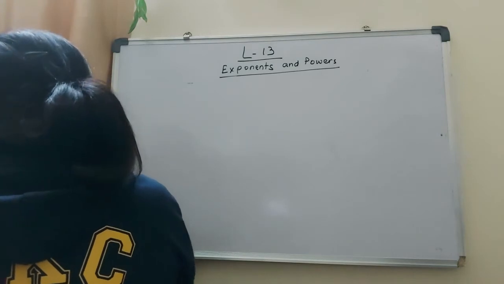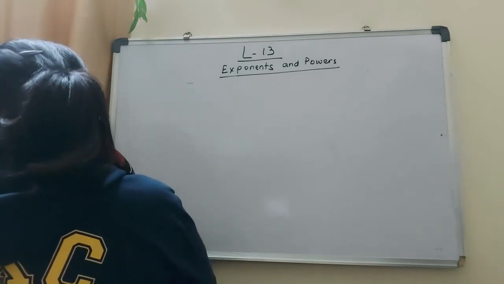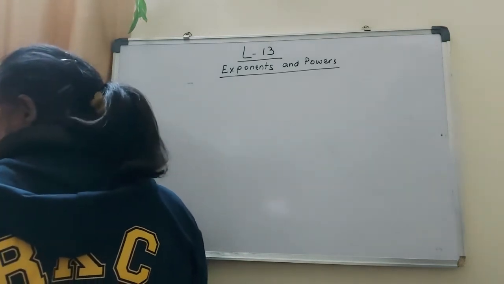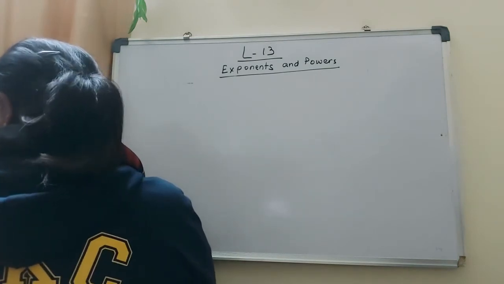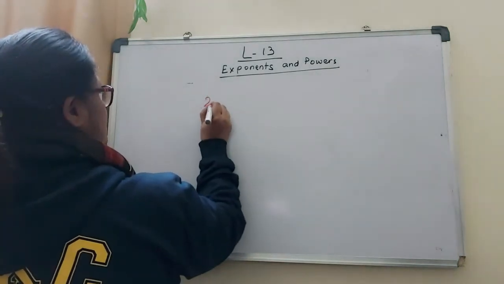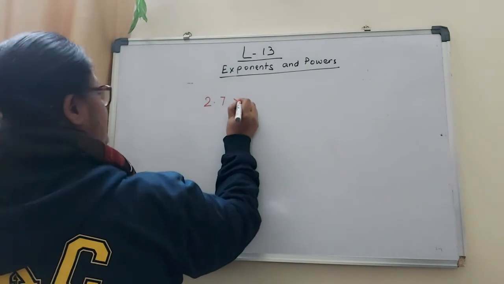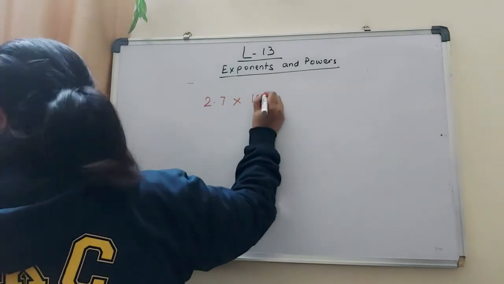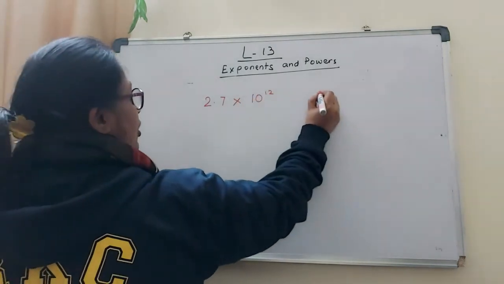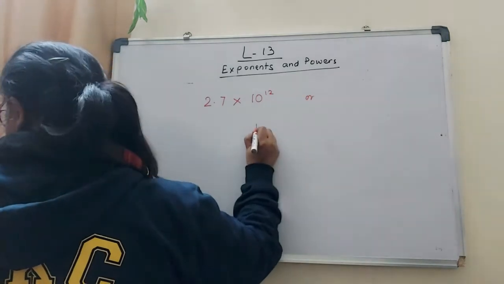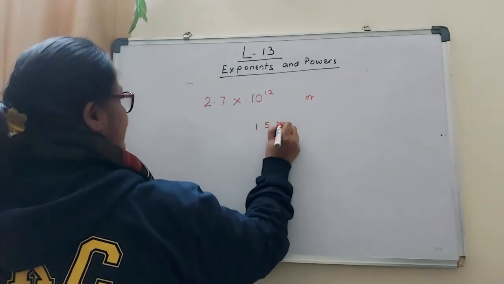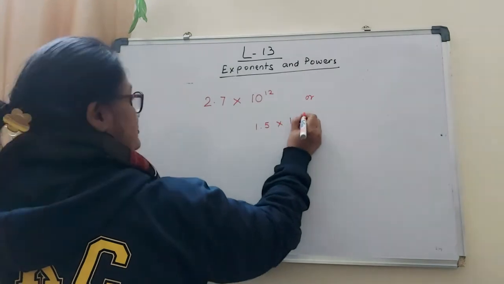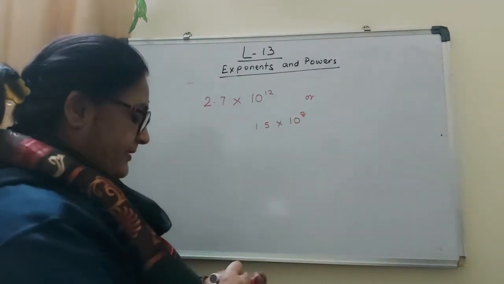Right. Compare the following numbers. Now comparison. I'll just explain it to you. You should know: 2.7 multiplied by 10 raised to the power of 12, or 1.5 multiplied by 10 raised to the power of 8.